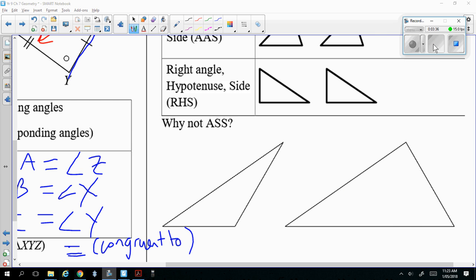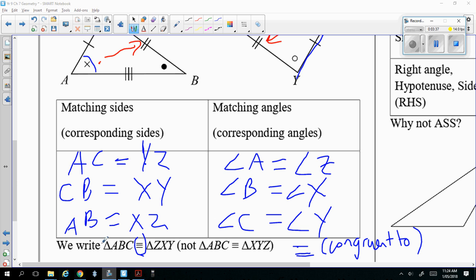Now, we write triangle ABC congruent to triangle ZXY, but not XYZ. The reason why is, what's your explanation? My explanation is that if ABC is equal to XYZ, X is not equal to A. Yes, the position of the letters.